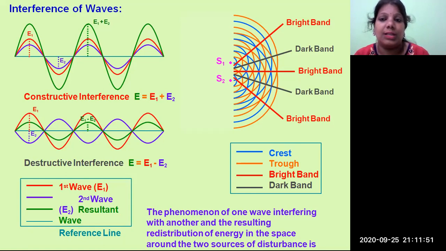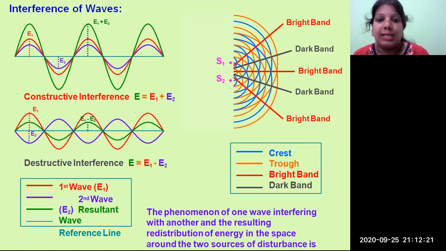In constructive interference you will get the bright fringes. In destructive interference you will get the dark fringes. In constructive interference the resultant amplitude of the two waves increases, whereas in destructive interference the amplitude decreases.